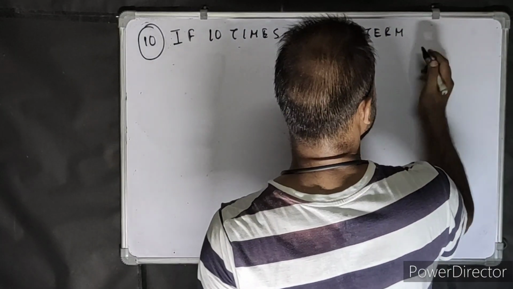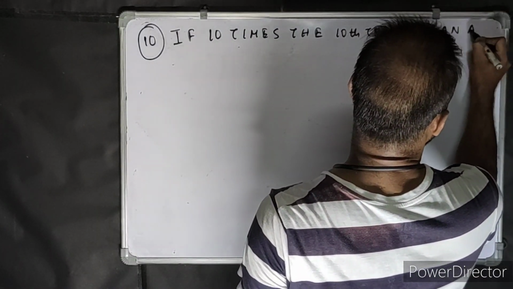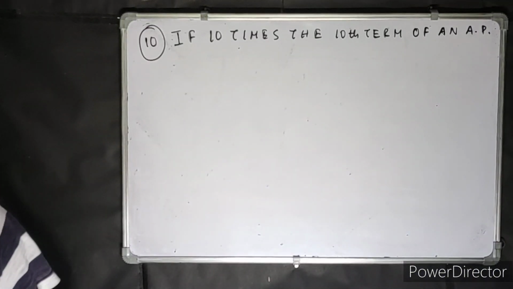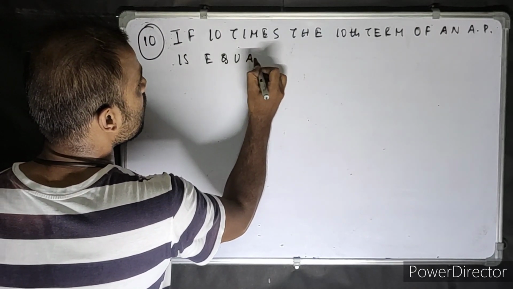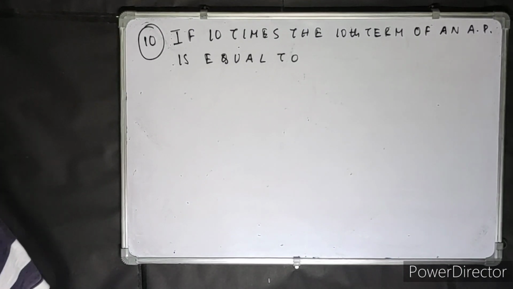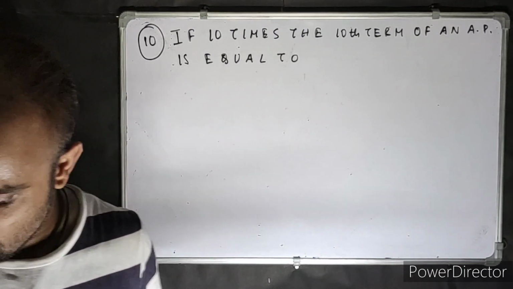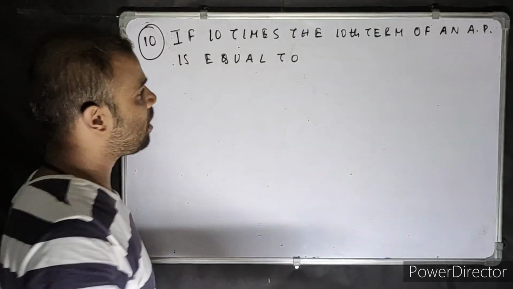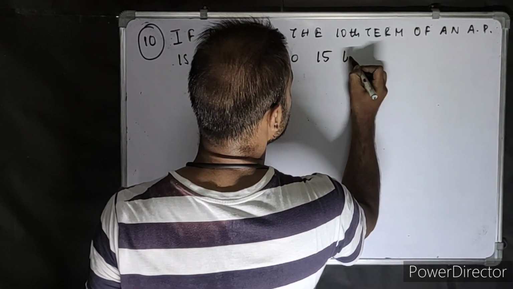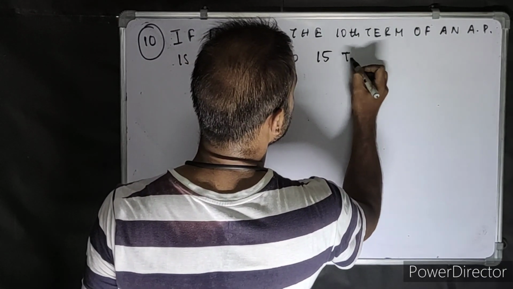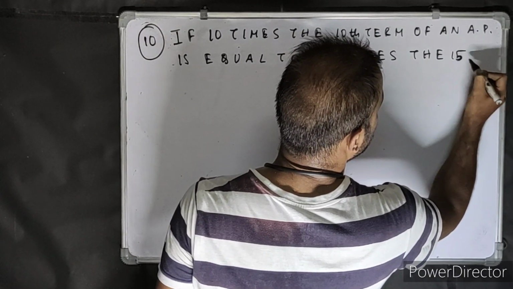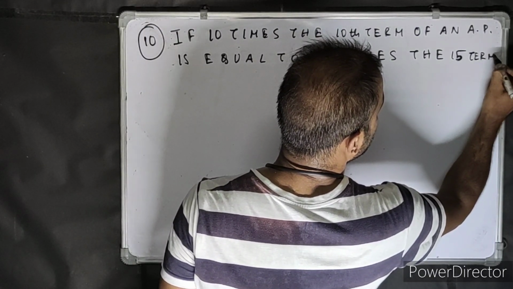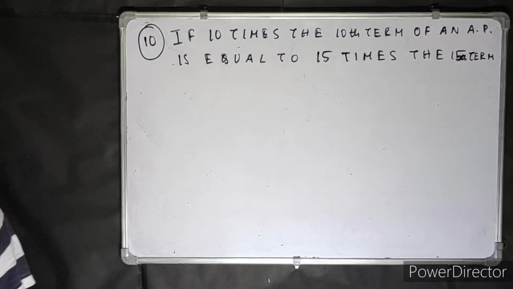If 10 times the 10th term of an AP is equal to 15 times the 15th term.